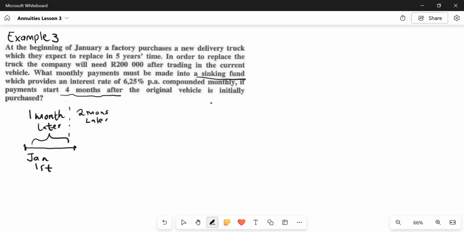So this is my timeline. This is Jan 31st. So here what happened? They missed a payment, right?